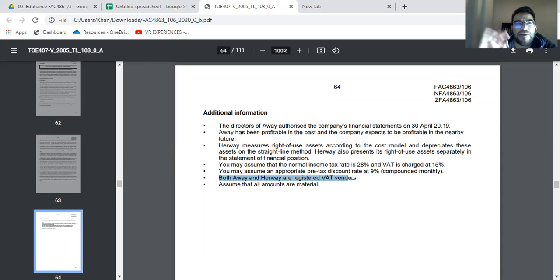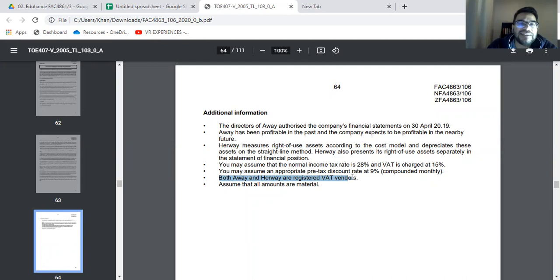There are about 5 criteria that make a lease a finance lease for a lessor. It doesn't have to meet all 5 criteria. It just needs to meet one. One of the criteria is that if the asset is of such a specialized nature that basically only the lessee can make use of it, then it's a finance lease.